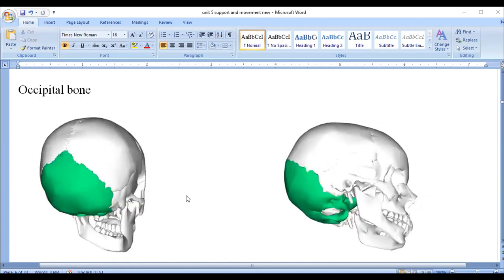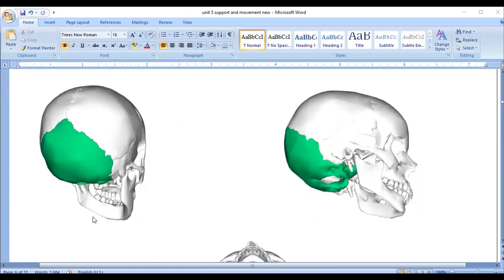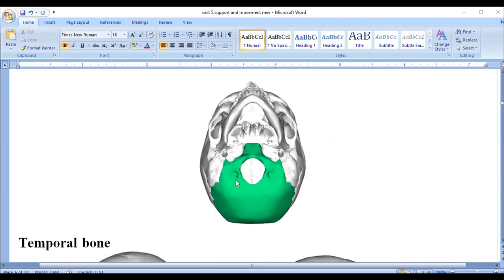Coming to the occipital bone, it is located in the back part of the skull. This is the location of our occipital bone, behind, and it goes to the bottom part of our skull. In the bottom part of the occipital bone, there is a hole, called the foramen magnum.